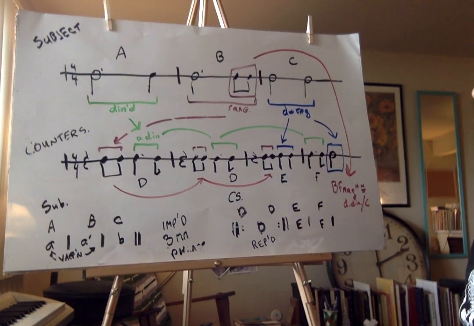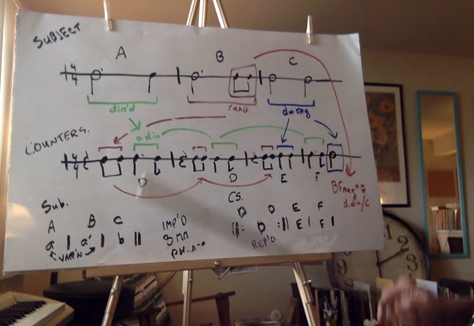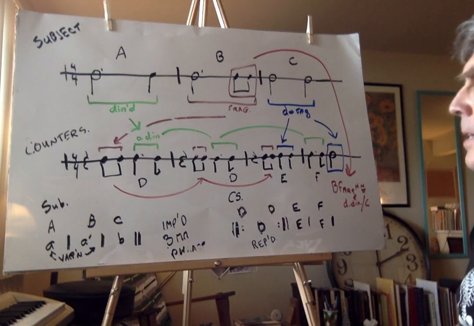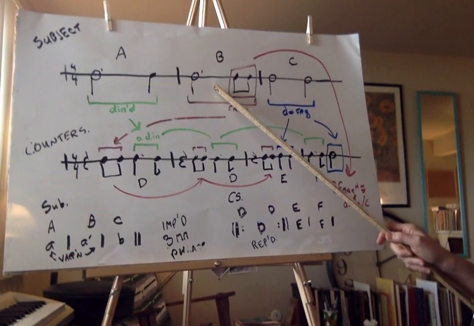But also kind of interesting is that you can think of these things as being derived from the same basic idea of repetition and contrast. You'll notice that A and B of the subject can be thought of as A prime.